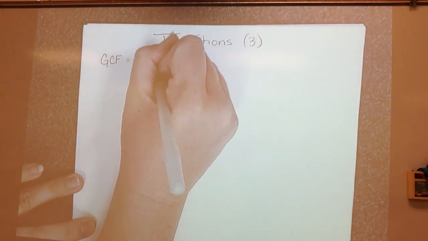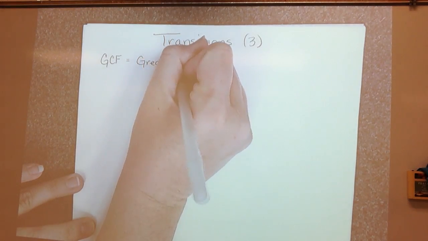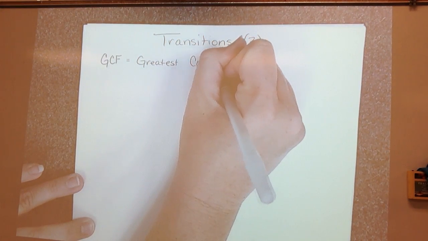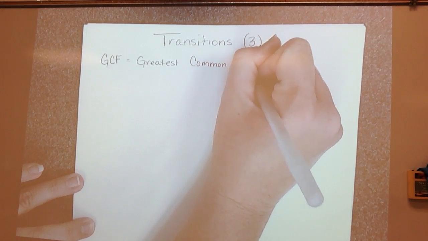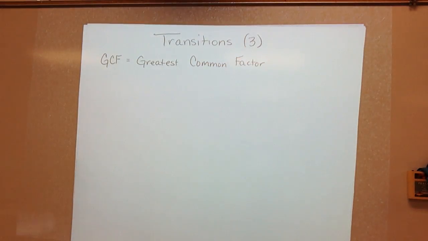So GCF is what we call the greatest common factor of two positive numbers, and that is the largest positive integer that will go into two numbers.